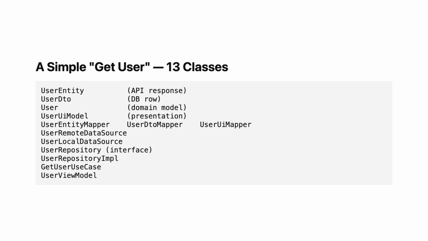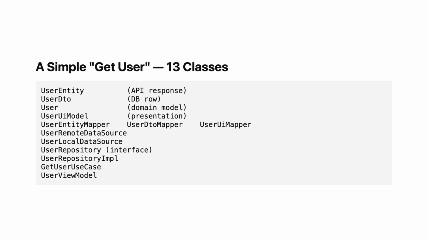A user entity mapper to convert from entity to domain model, a user data mapper to convert from DTO to domain model, a user UI mapper to convert from domain model to UI model, a user remote data source, a user local data source, a user repository interface, a user repository implementation, a get user use case. 13 classes for a single get user feature. 13. And most of them are doing nothing interesting, just copying fields from one object to another.